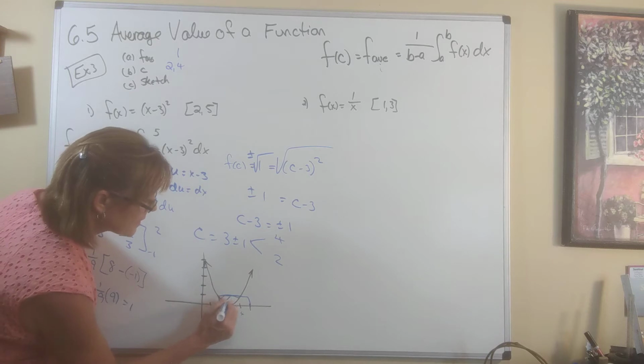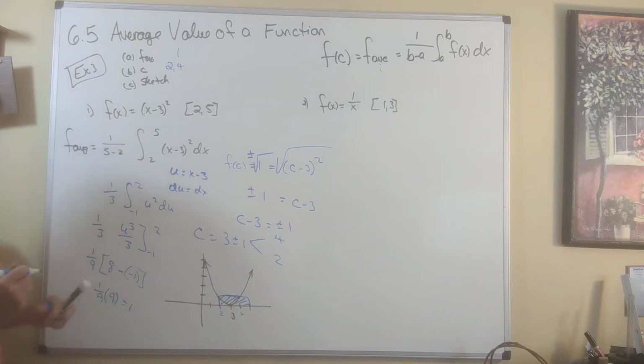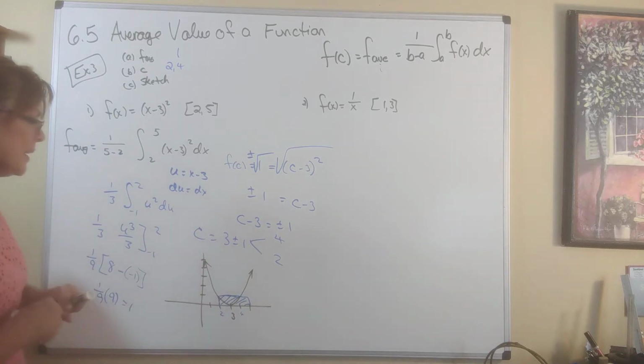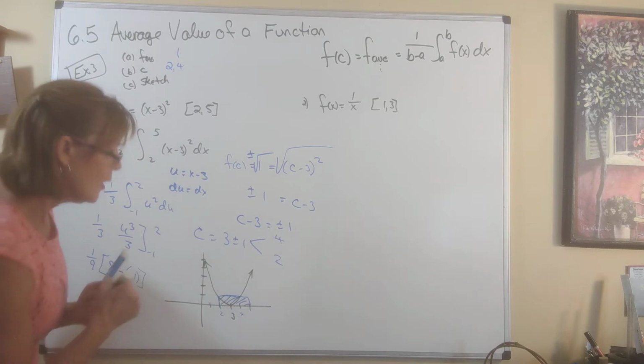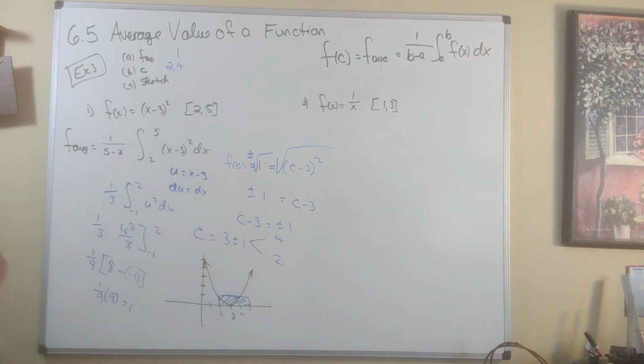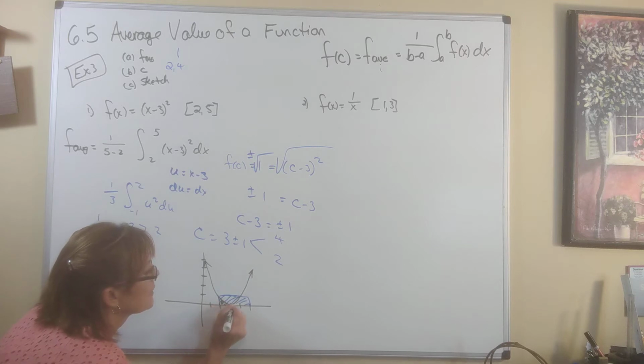But this is the height of the rectangle. What does that mean? Well, that means that the area under the curve between 2 and 5, what would it be if we were just integrating? Well, the area under the curve between 2 and 5 would be like this area, right?